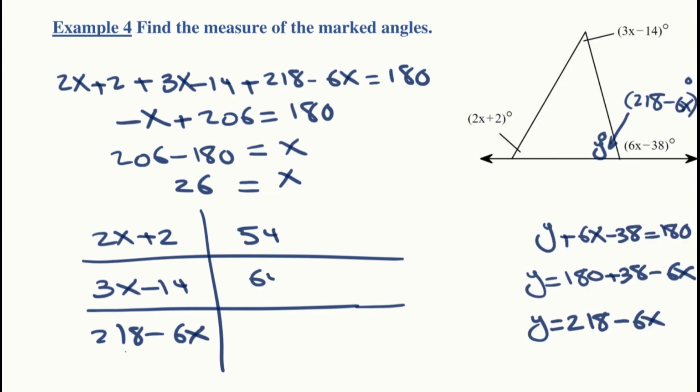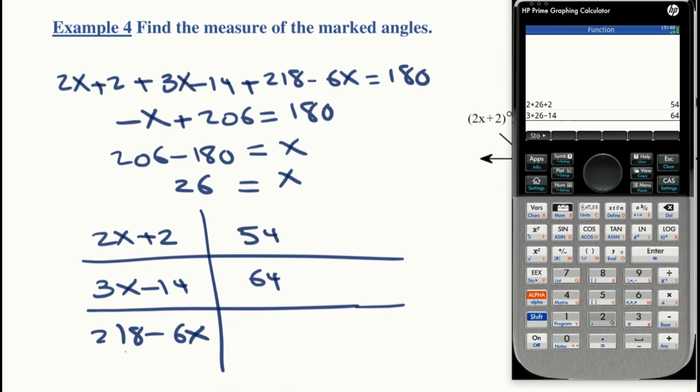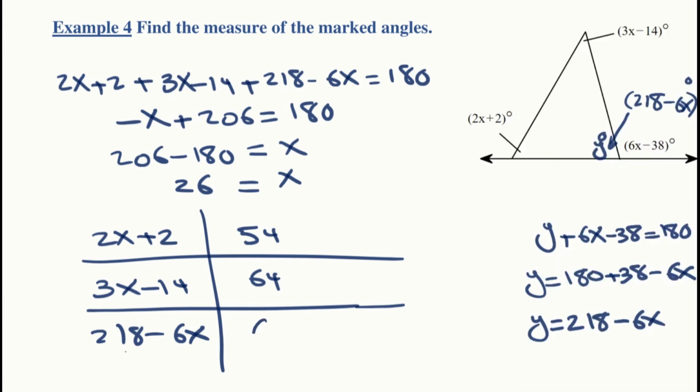So that's 64. And then 218 minus 6 times 26, which gives us 62.